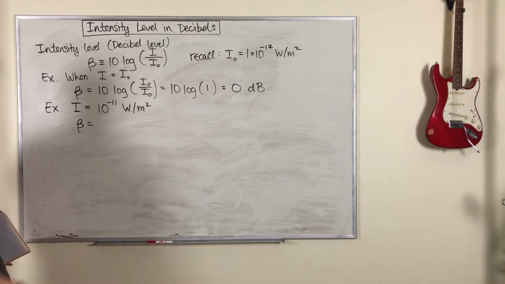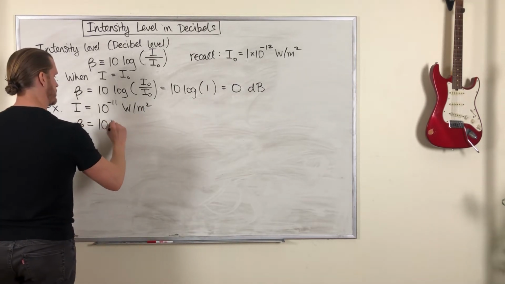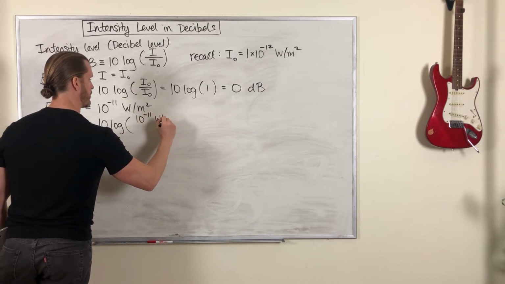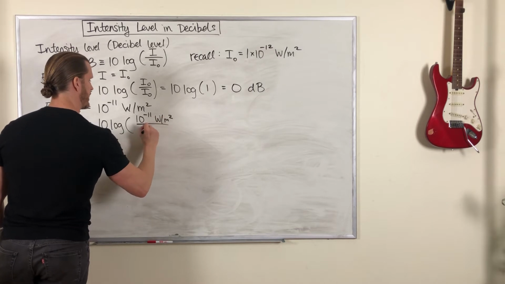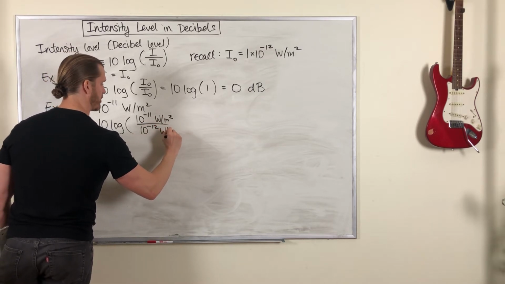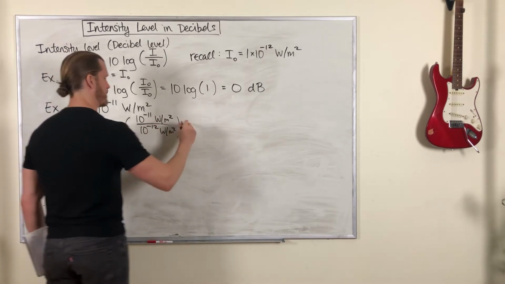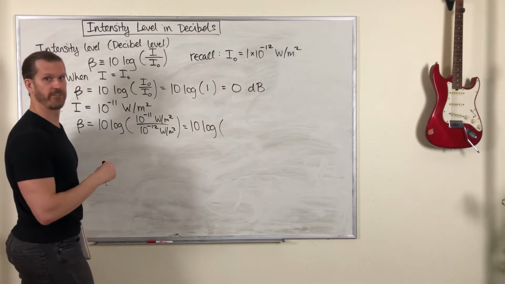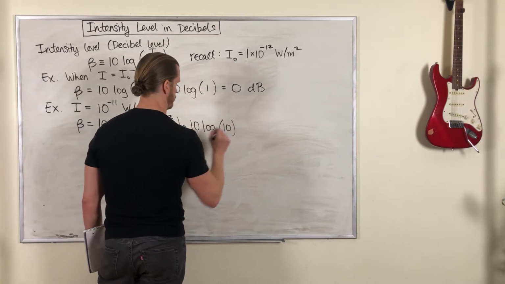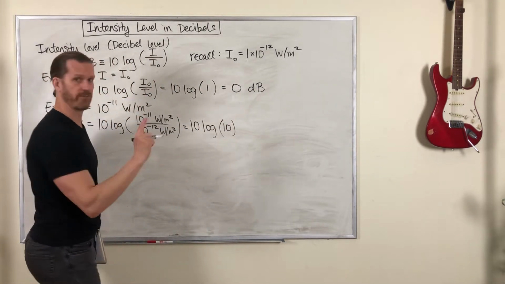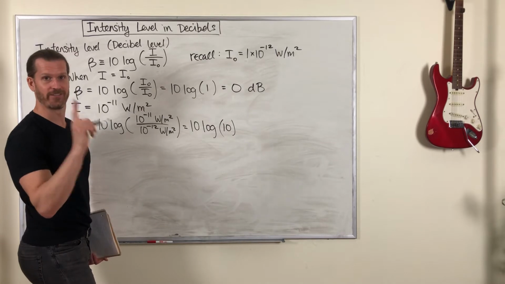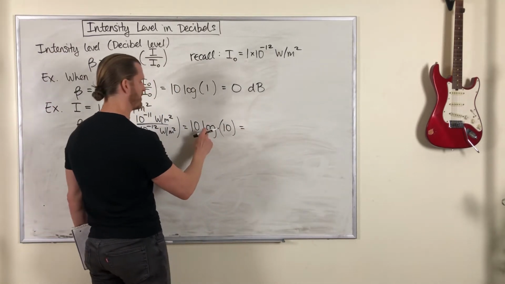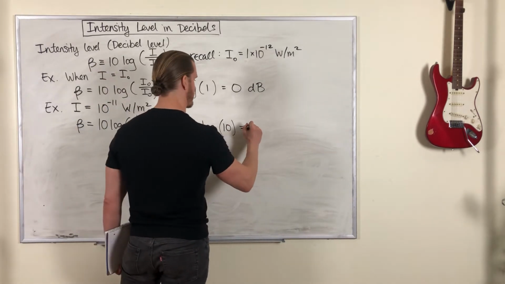All right, our decibel level will be 10 log of 10 to the minus 11 watts per square meter over 10 to the minus 12 watts per square meter, equals 10 log 10. The log of 10 is 1 because you raise 10 to the 1 power to get 10. 10 times 1 equals 10.